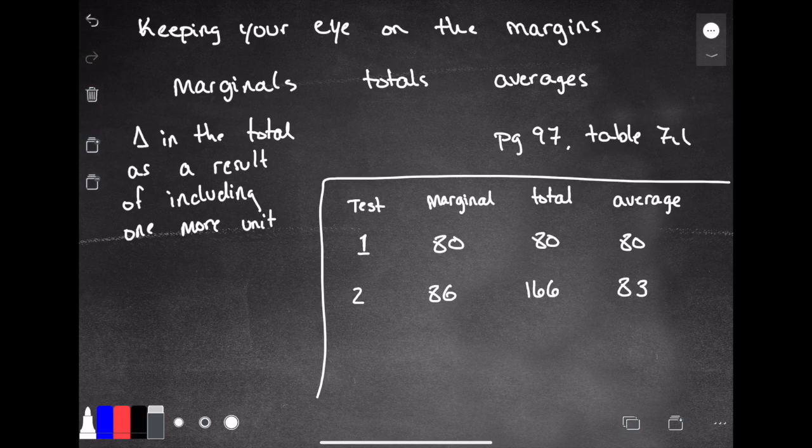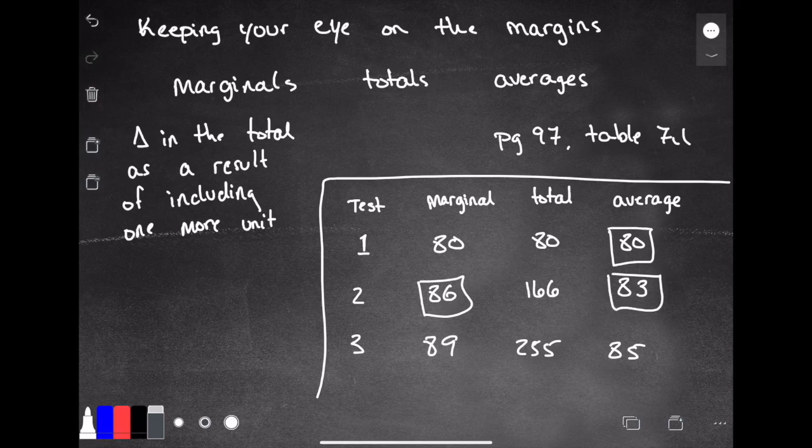And finally, let's say you take a third test and you score an 89 on this one, and that gives you a total score of 255 out of 300, which is an average score of 85. Now, as you can see, if your marginal is greater than your current average, then your average is going to go up, right?